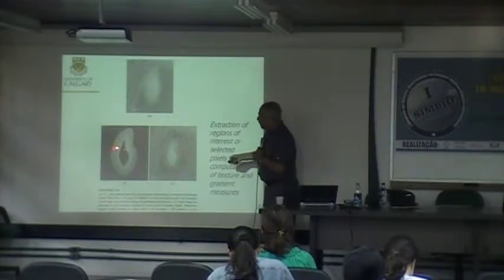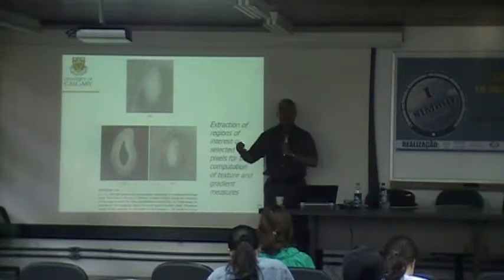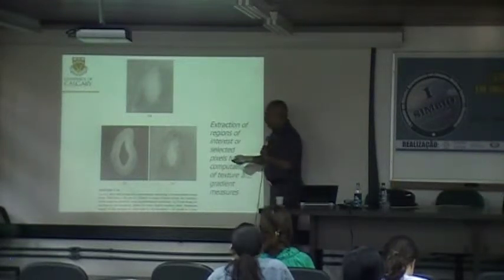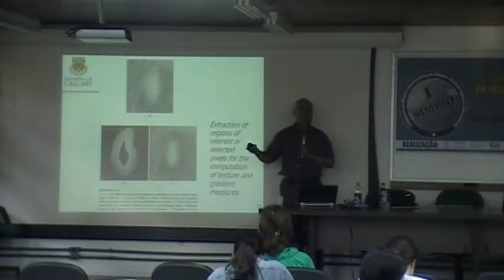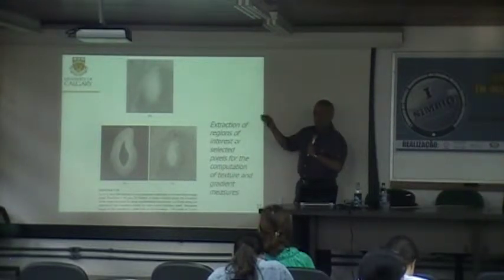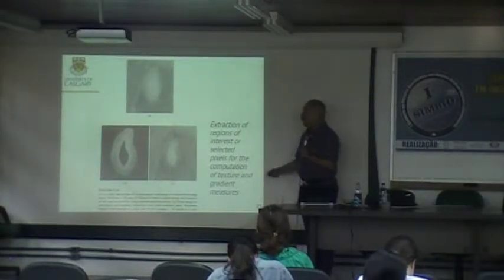So this ribbon will eliminate the core of the tumor, will eliminate the background outside the tumor, but the shape is related to the shape of the mass. Now use these pixels and compute whatever you want to compute, and then the measure is specific to the mass. The background will not have influence, the core will not have influence.